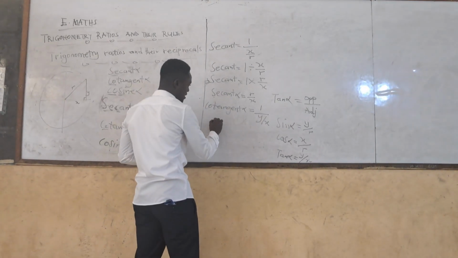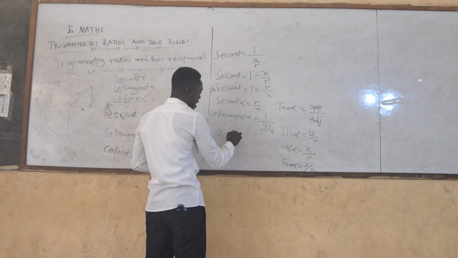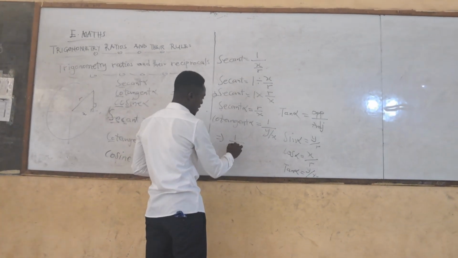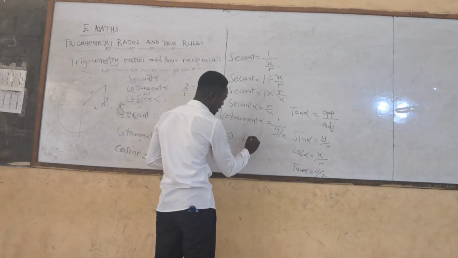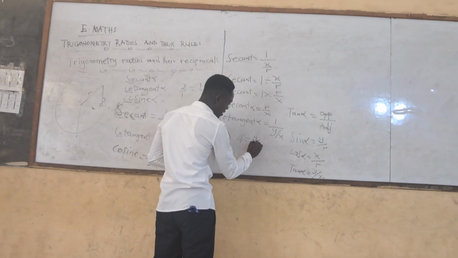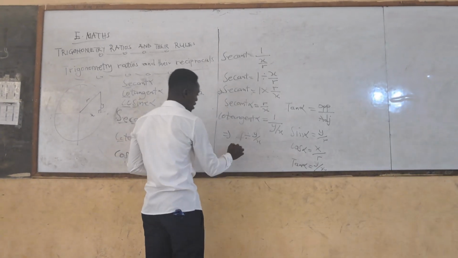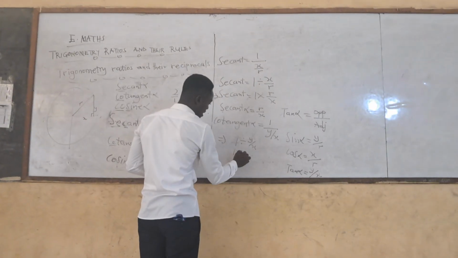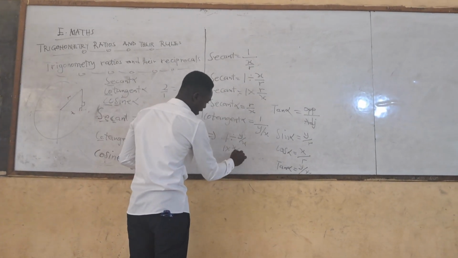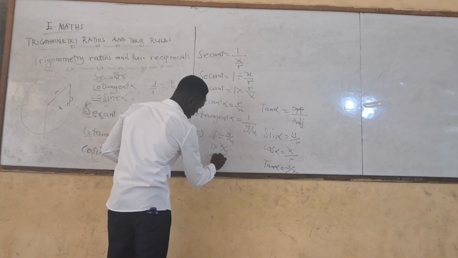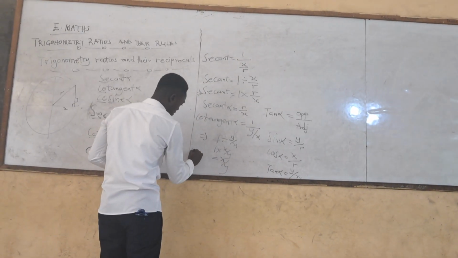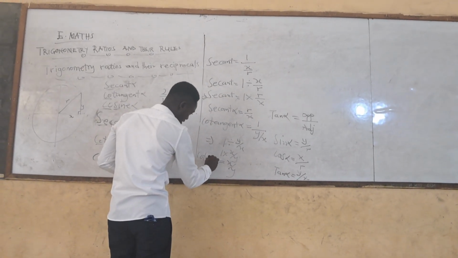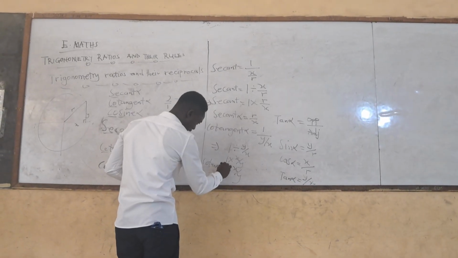This simply means 1 divided by y on x. So we are going to have 1 times x on y. So this is equal to x on y. This is called the cotangent, meaning cotangent alpha.